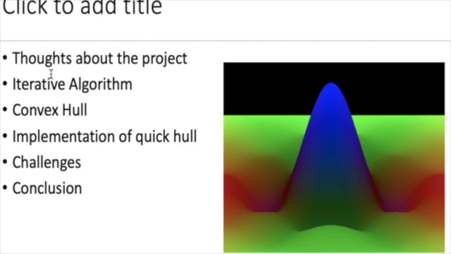And then I will talk about the QHOP and the implementation of the QHOP algorithm. And then I will talk about the challenges for this project. Finally, I will reach a conclusion.